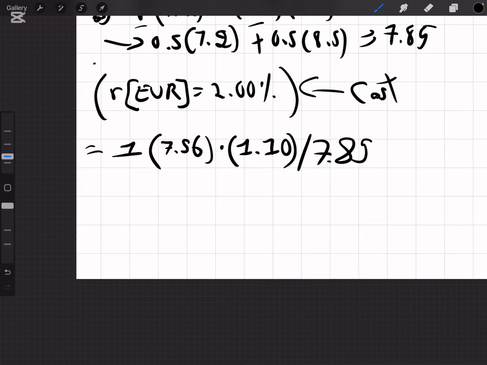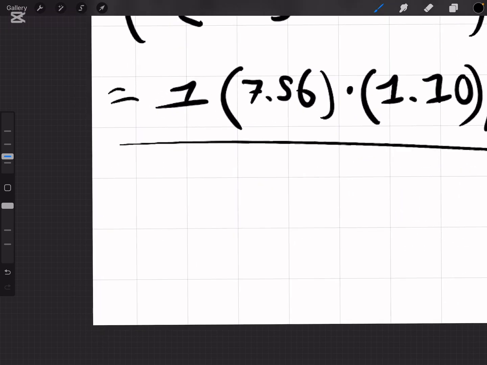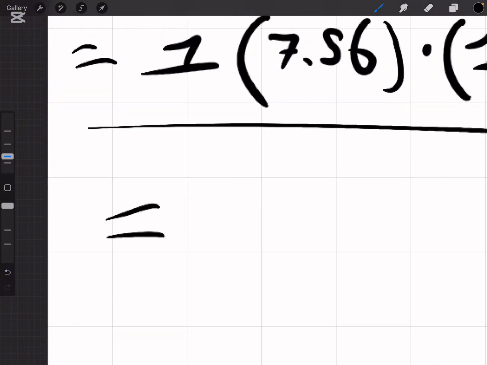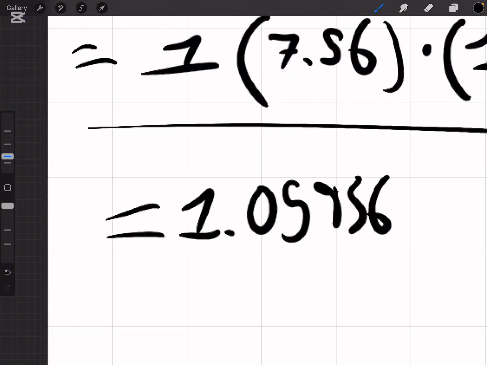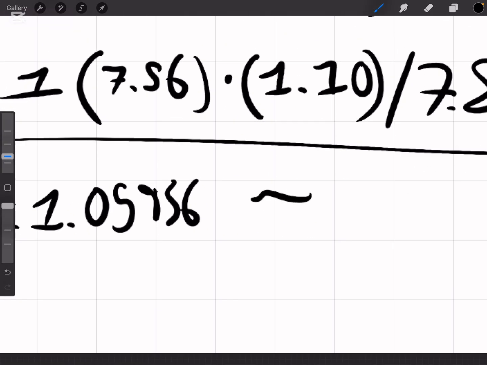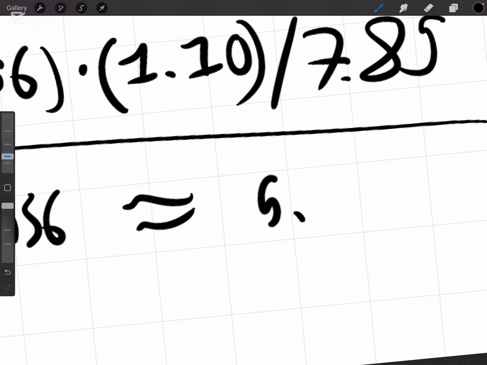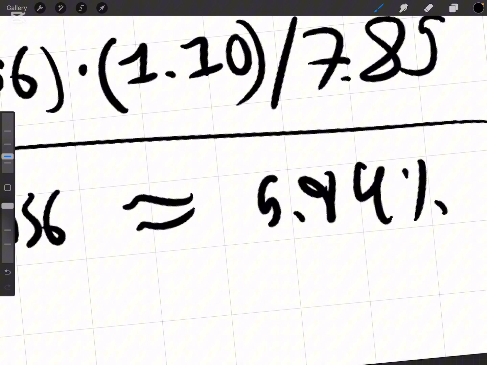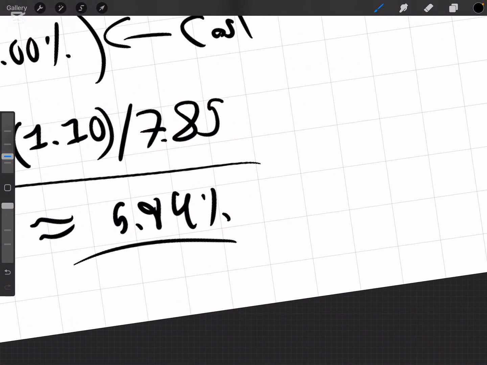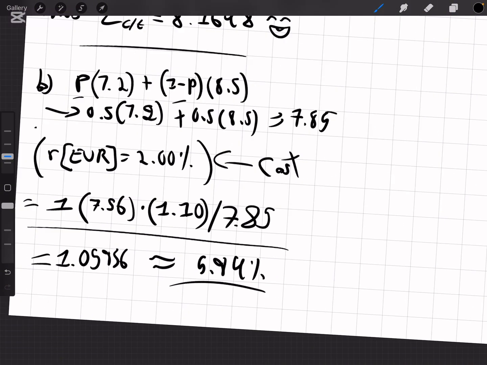So anyway, this is a little bit convoluted, but you just got to trust me here. This will give you a return, essentially, of 1.05936, or about a return of 5.94%. 5.94% is important because now we got to calculate our profit.